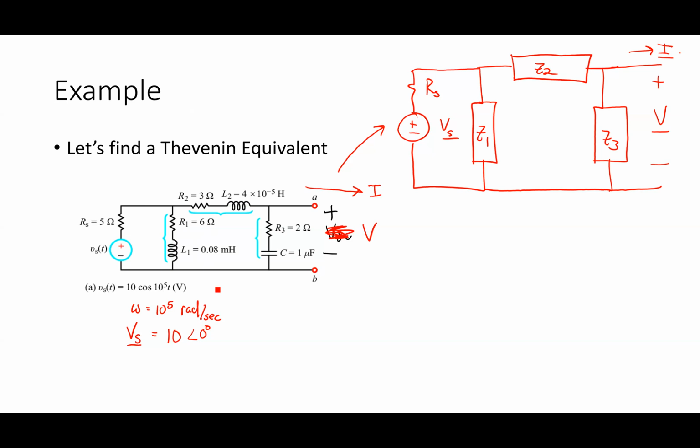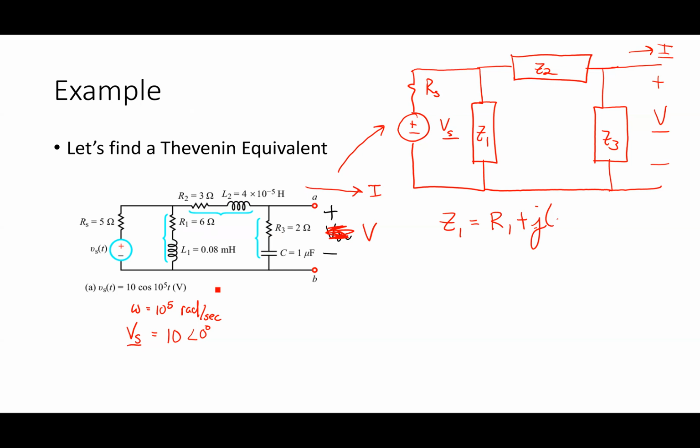Just to level set, what would I write for Z1? Z1 is a series combination of R1 plus whatever that inductor's impedance is. L1 there is 0.08 millihenries. What's its impedance?